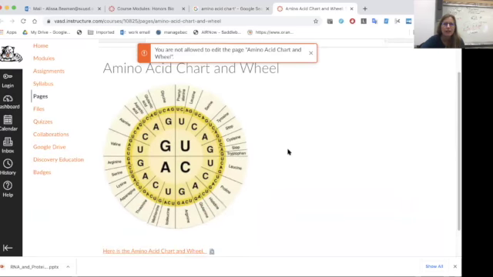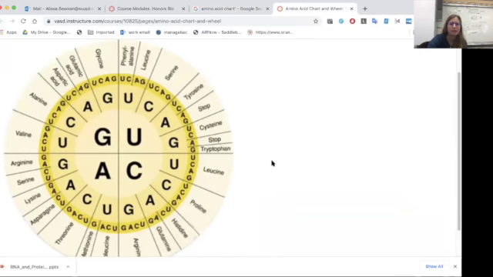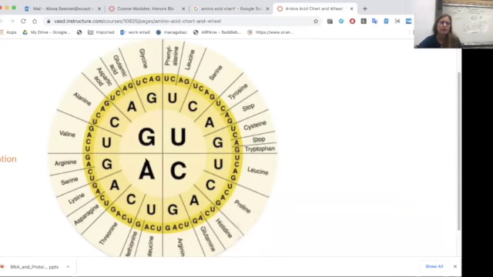When you look at this amino acid chart, you read from the inside out. So if my first codon is GCG, I would go GCG and I get alanine. If my second codon is CUA, I'd read from the inside out, CUA, and get leucine.